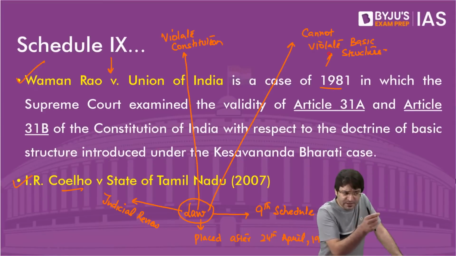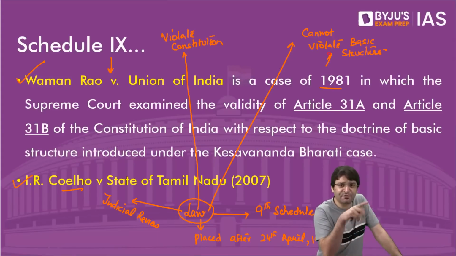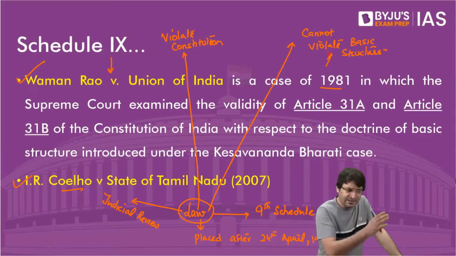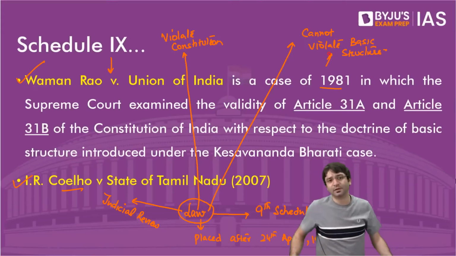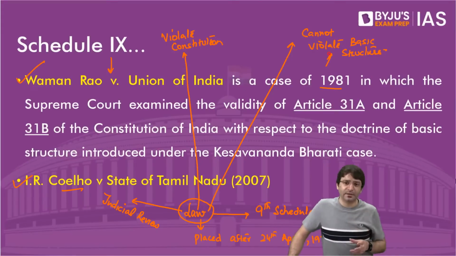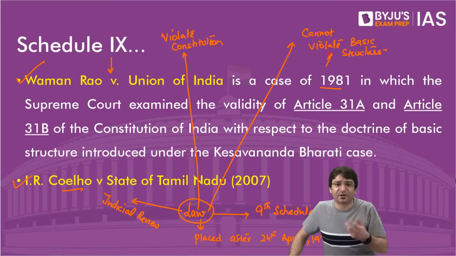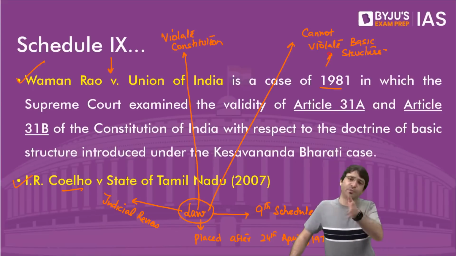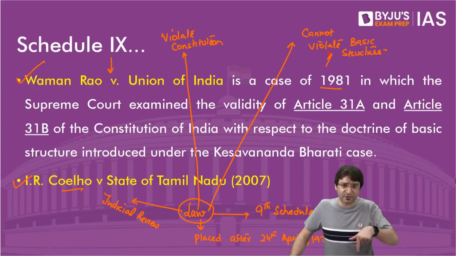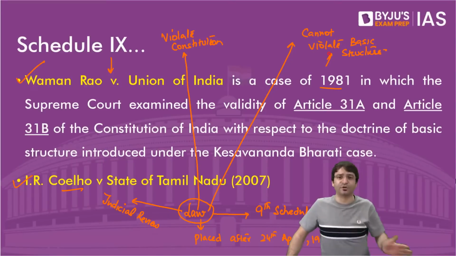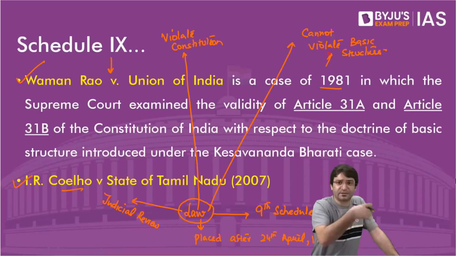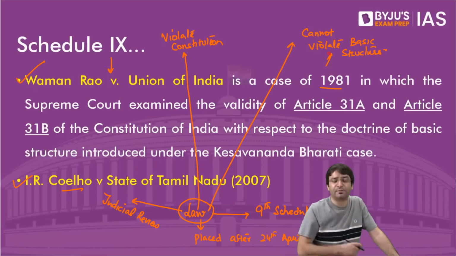Now, if states such as Maharashtra, Telangana, Tamil Nadu want to extend reservation beyond 50%, and they place this law in the Ninth Schedule, if the court would have said that the 50% cap on reservation is a basic structure, then these laws would be unconstitutional, because we can review them and you have violated the basic structure. So Tamil Nadu, Maharashtra, Telangana cannot reserve seats beyond 50%.